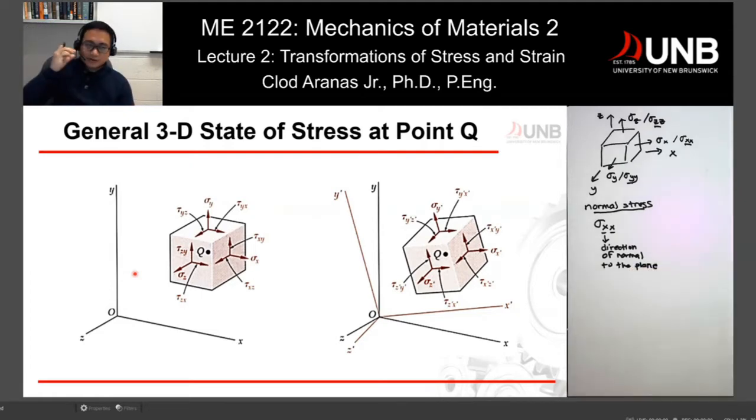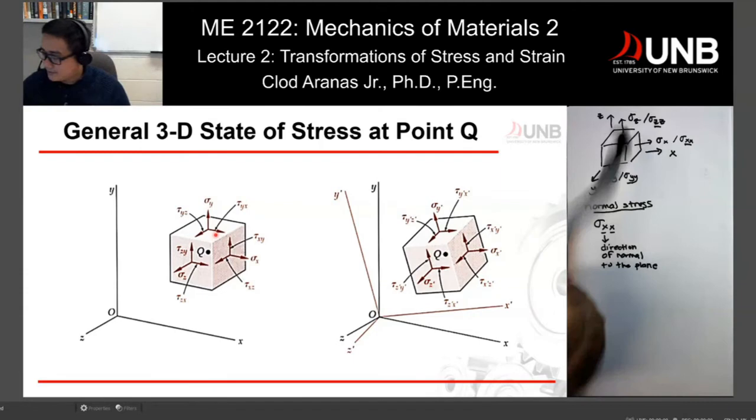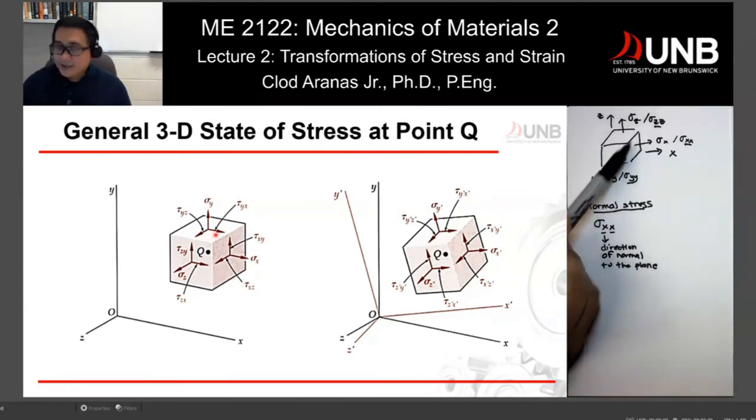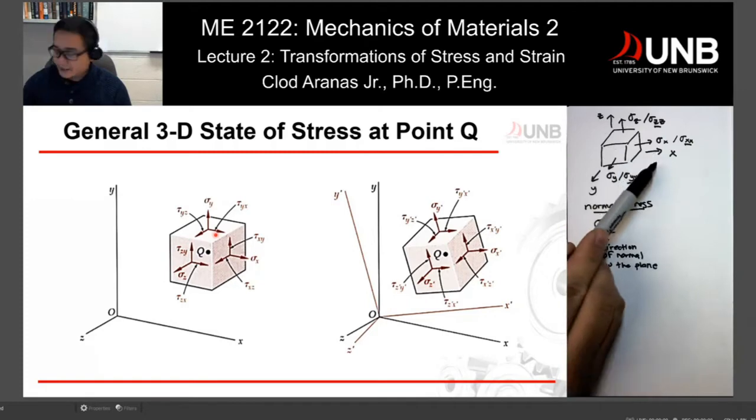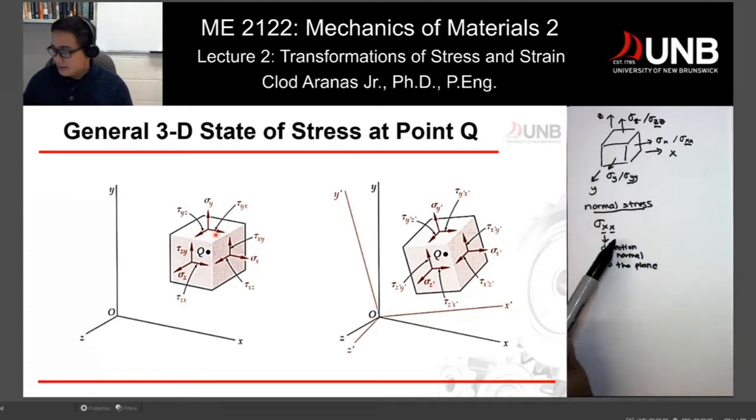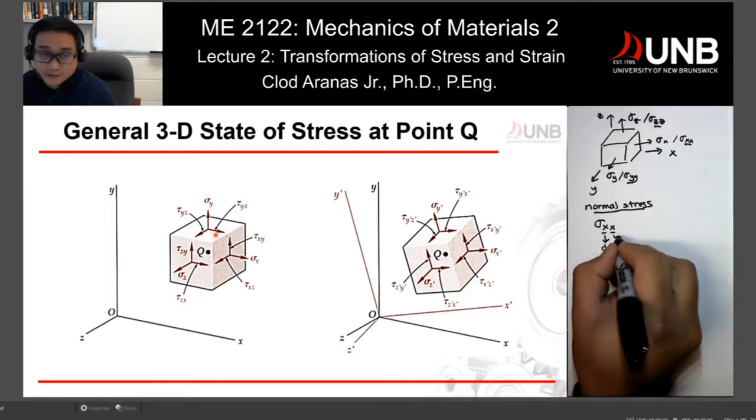We have to check what the normal direction to the plane is. In this case, the plane is this face right here, and once we draw a normal direction, it is parallel to X. That's why it's called X. The second letter is the direction of action, which is the direction of your stress.